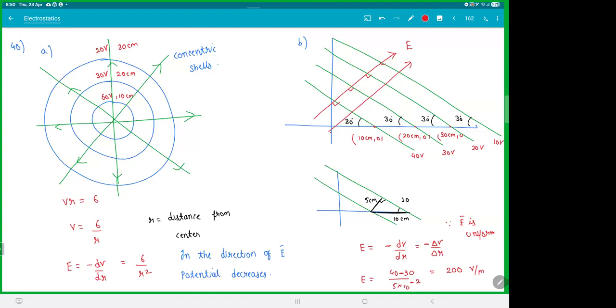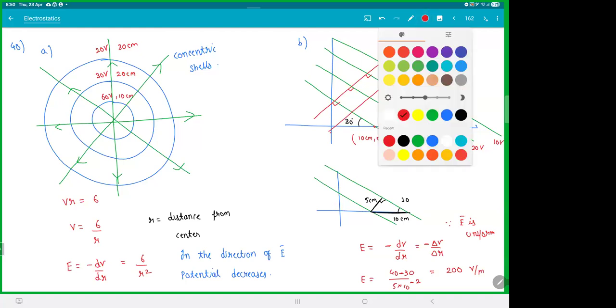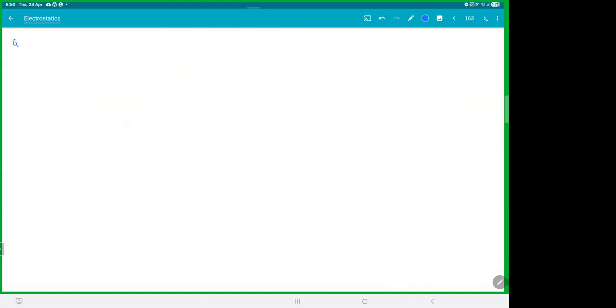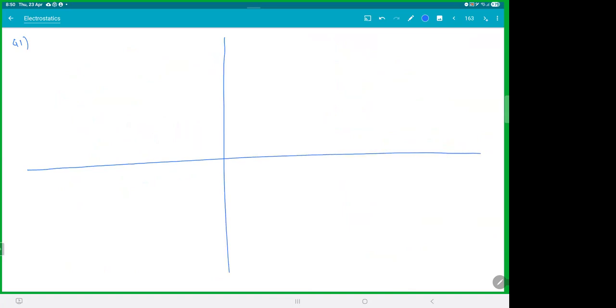So this is one way of asking. They will give you the surfaces and they'll expect you to figure out the field. Any doubts on this? Let's do the other way around. Let's say we have two infinite planes. This is an XY plane. So this is a sheet. This entire sheet's charge is plus sigma.